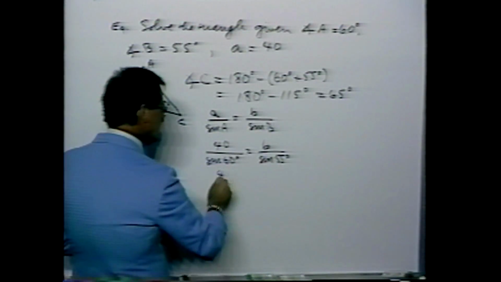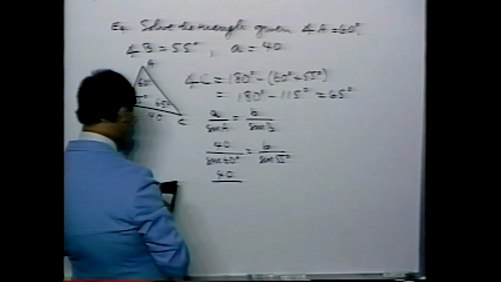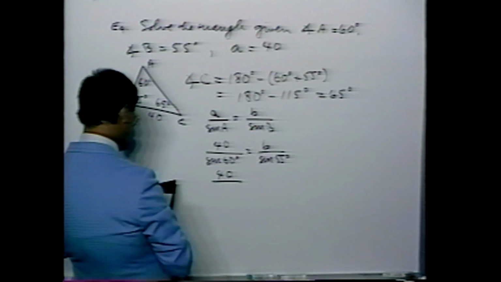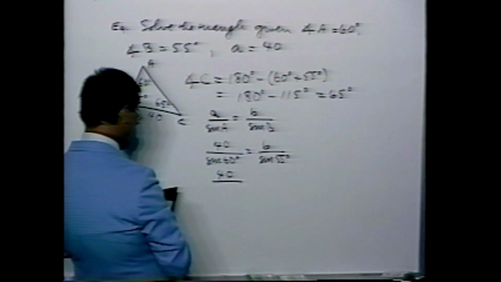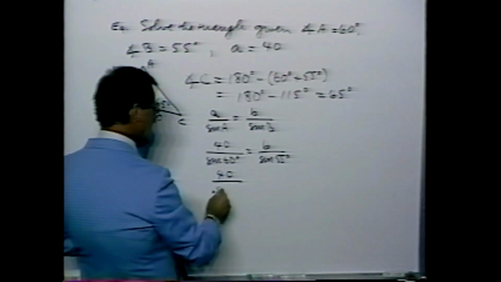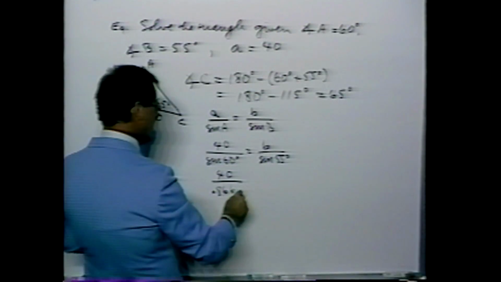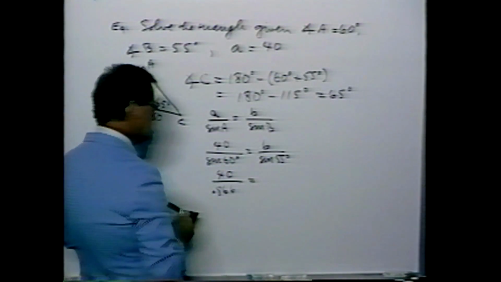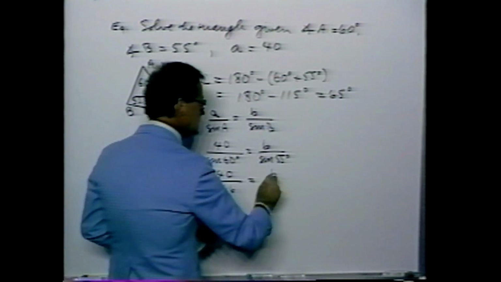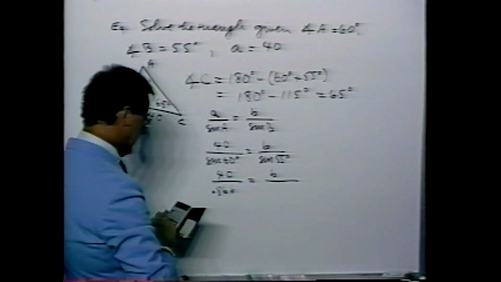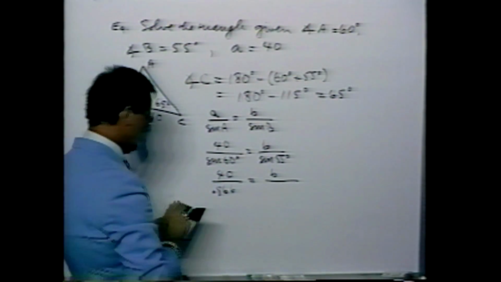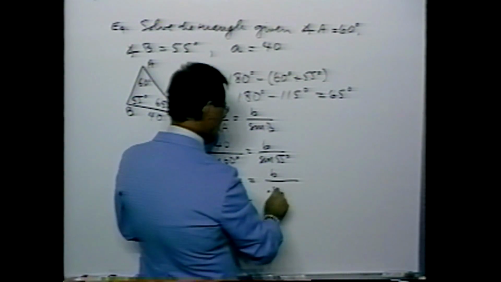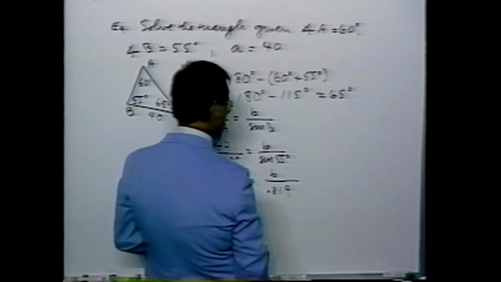And so we have 40 divided by, now sine of 60 is equal to 0.866 approximately, is equal to B over the sine of 55, which is 0.819 approximately.